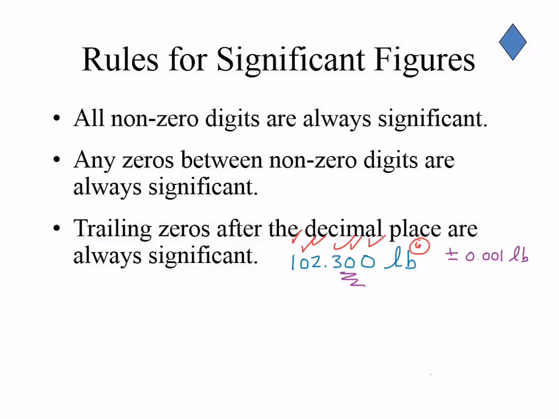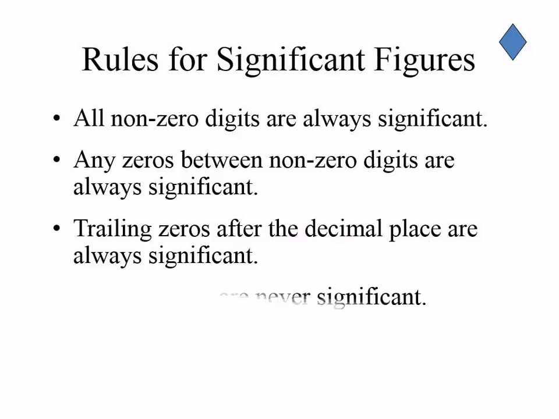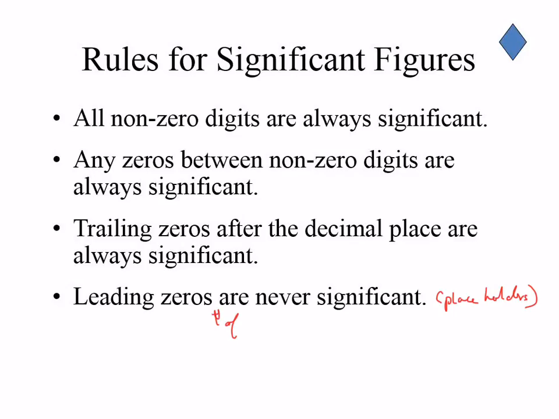Now this other type of 0, I have actually 2 more types of zeros. This type of 0 is important, but these zeros are what I call placeholders. That's what I call them anyway. These are placeholders. Okay, so leading zeros after the decimal.